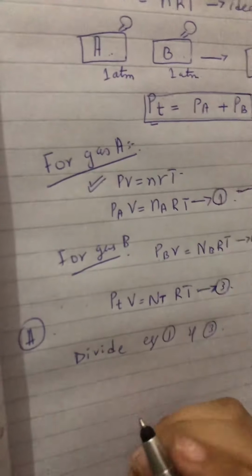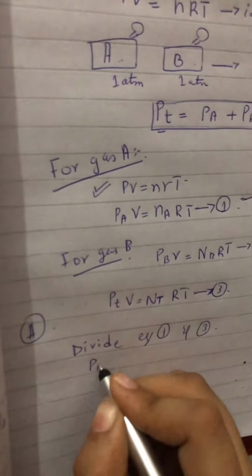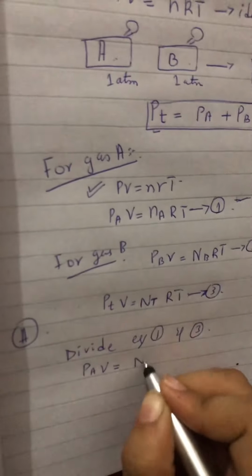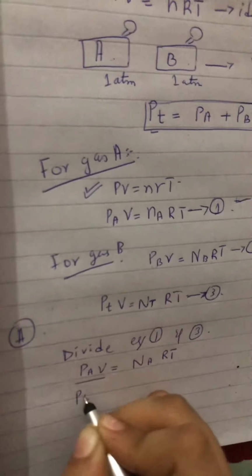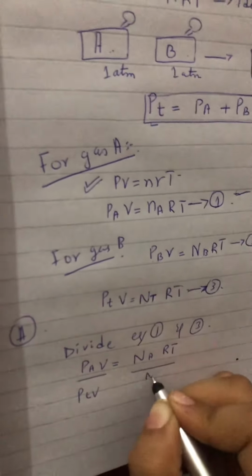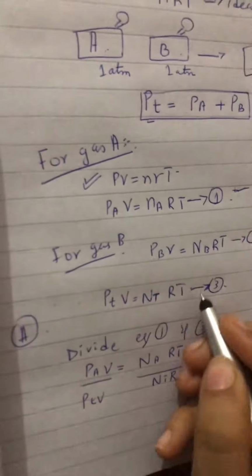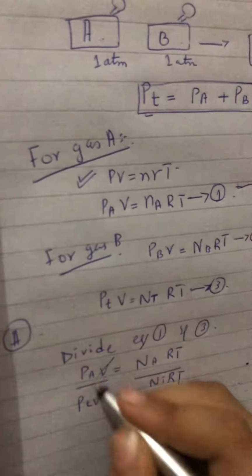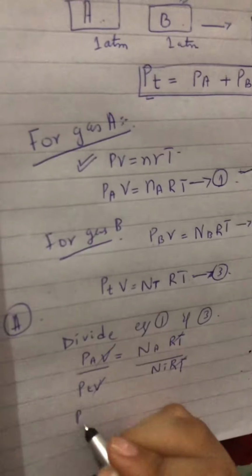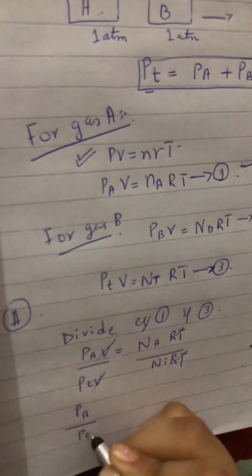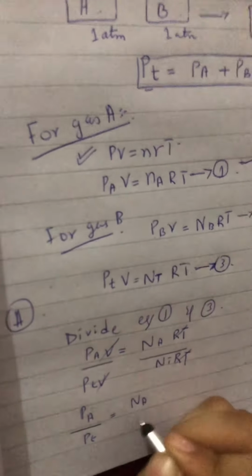What is equation number 1? That is PAV equals nART, upon PTV equals nTRT, right? You can see it is the third equation. V cancels with V, RT cancels with RT. So what remains is PA upon PT equals nA upon nT, right?